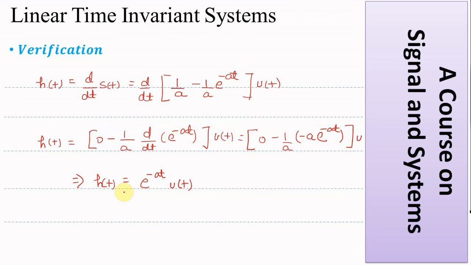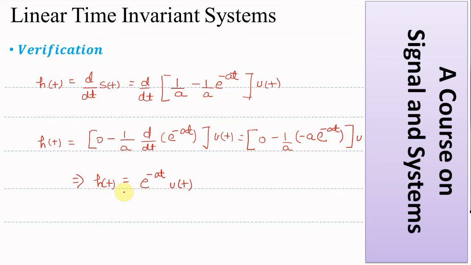Since u(t) exists only for positive values of t, greater than or equal to 0, and it gives me a value of 1, it does not change the amplitude of the remaining part of the signal, and applies the restriction on time. So it is a great practice always to represent the time duration for which the signal exists, and to multiply the signal with u(t), which we have done.